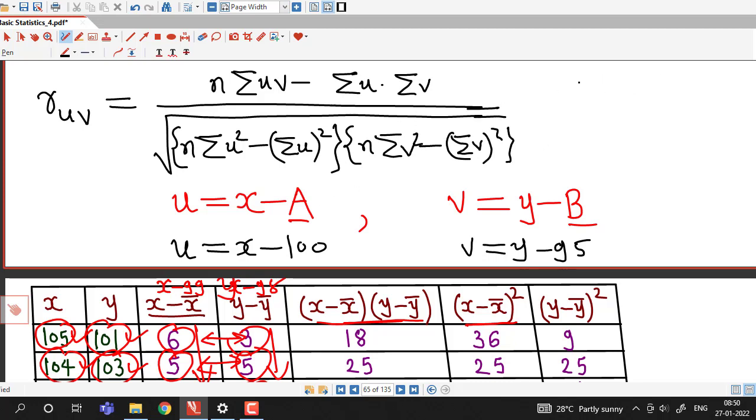So I will require the product of u and v. I will require the square of u. I will require the square of v.